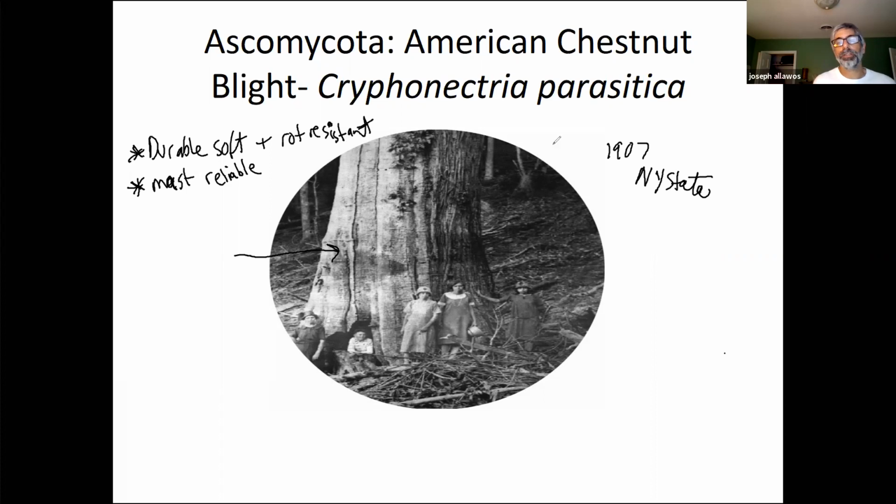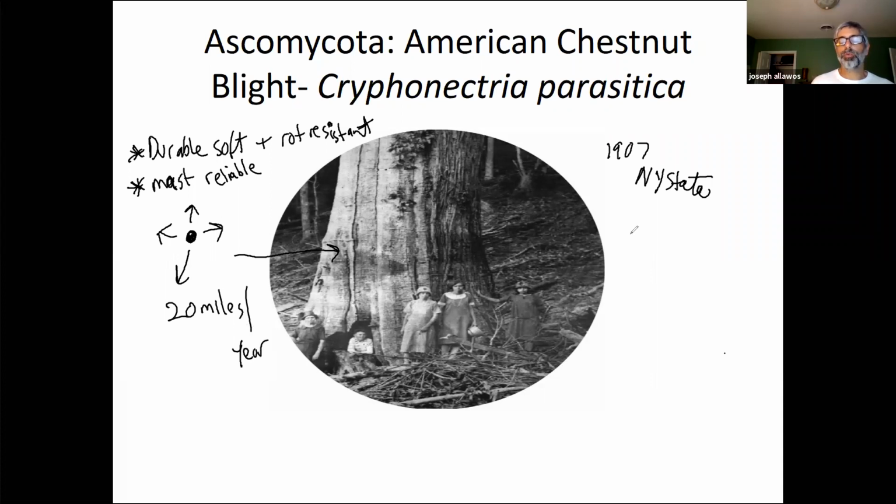Well, when the fungus hit, it spread from New York State, from its center point in all directions along the range of the chestnut. It's believed that it spread about 20 miles a year.